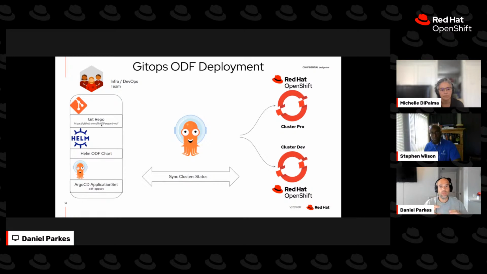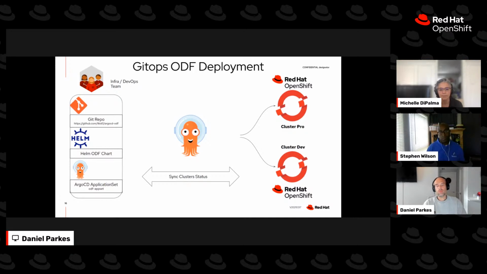And the contents of that Git repo is going to be a Helm ODF chart, a Helm application, that we're going to go through in a second, and I can show you a little bit how it is structured. And once we have our Helm application, we are going to use Argo CD, and in this case, Argo CD ApplicationSets, to automatically deploy the desired state of our ODF deployments in both of our clusters, the production cluster and the pre-production cluster.